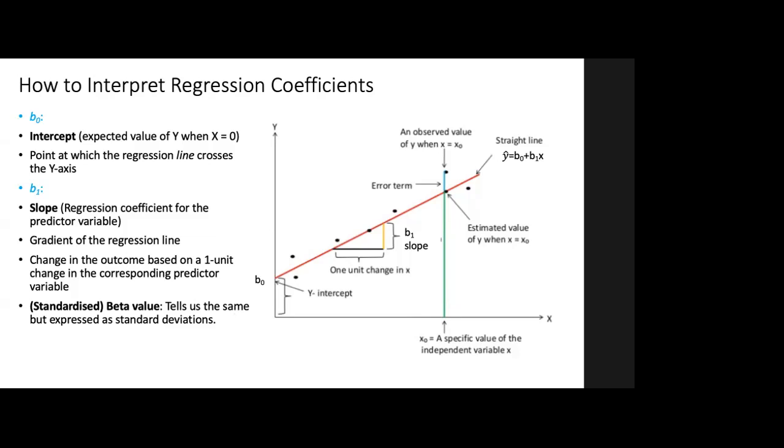If you want to compare regression coefficients across different variables that have different variations, then it might make sense to standardize the regression coefficients and always express them in terms of standard deviations of x and y, so of predictor and outcome variable. So per standard deviation change in the predictor variable, how many standard deviations, or fractions of the standard deviation, does the outcome variable change? Now that's a standardized regression weight.